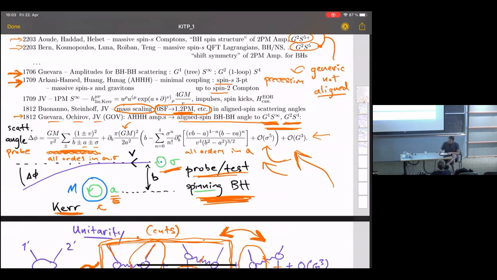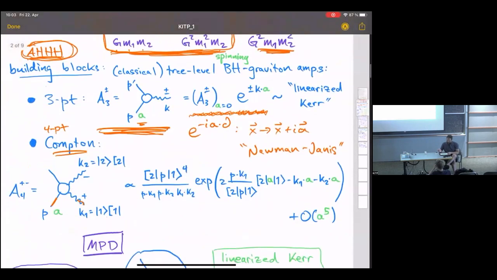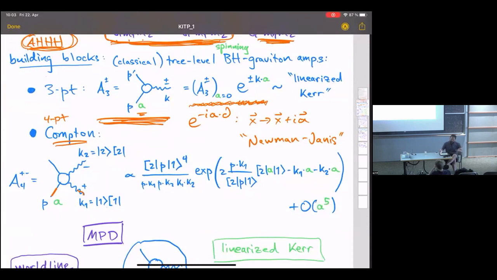But for the two-graviton Compton amplitude, they wrote down an answer only up to spin 2. It's related to the fact that massive higher spin particles with spin quantum number greater than 2 have problems.